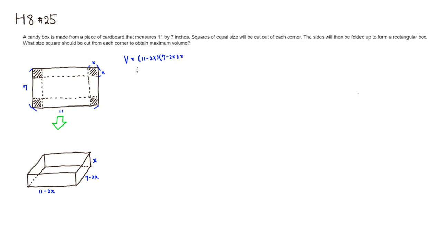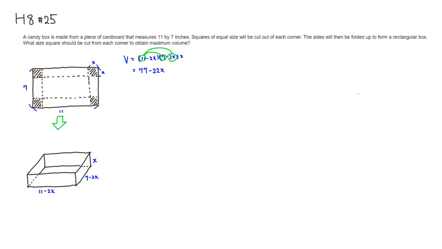I'm going to just go ahead and multiply out. I'm going to distribute the 11 to 7 and negative 2x, so we get 77 minus 22x.